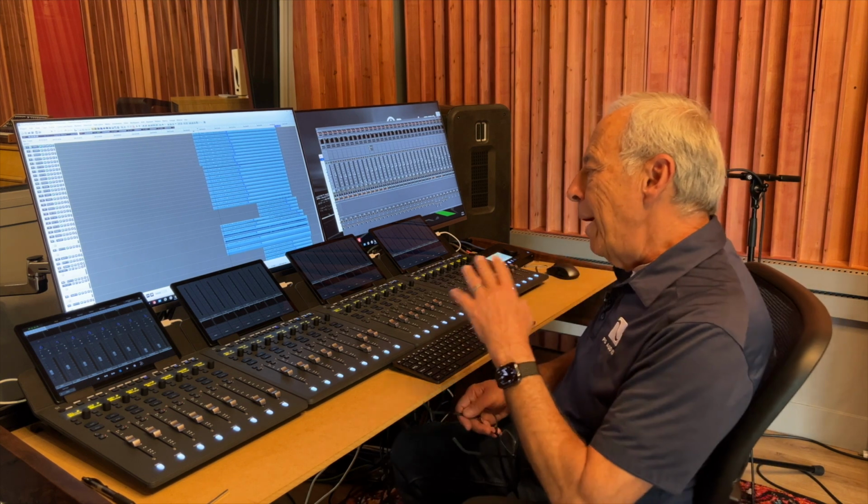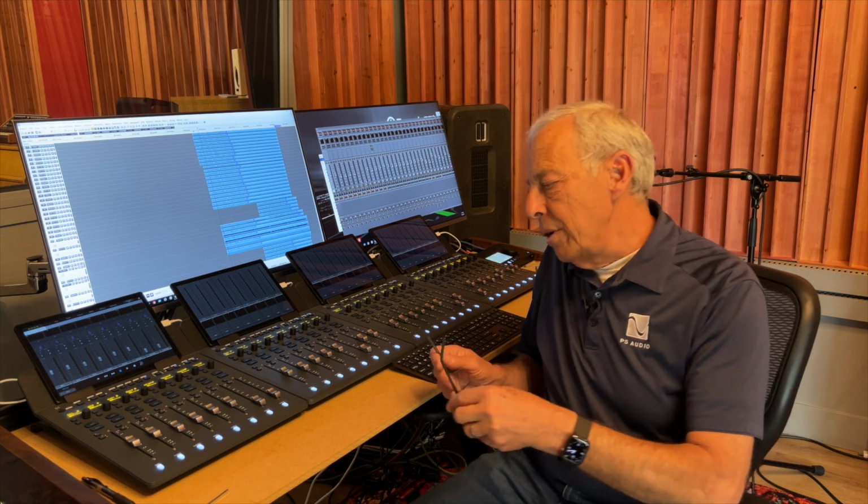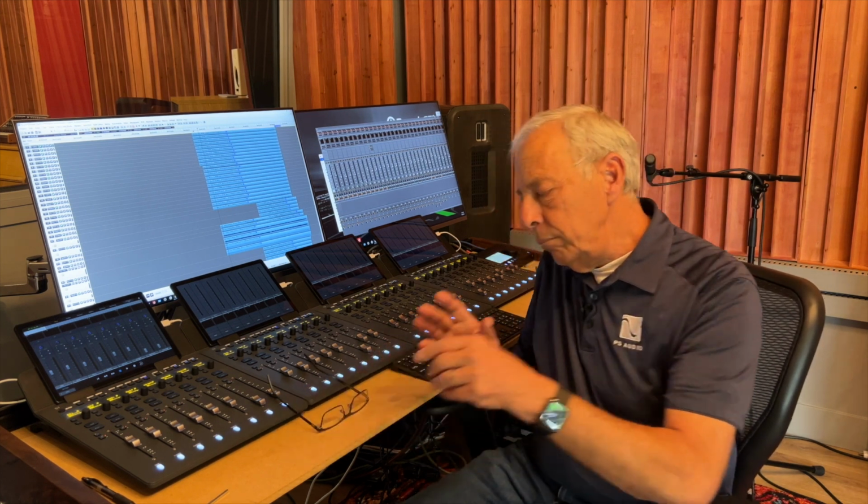Now, the sample rate of CDs, which is 44.1 kilohertz, 16 bits, is kind of limited by the disc itself. You really can't put anything more on that.